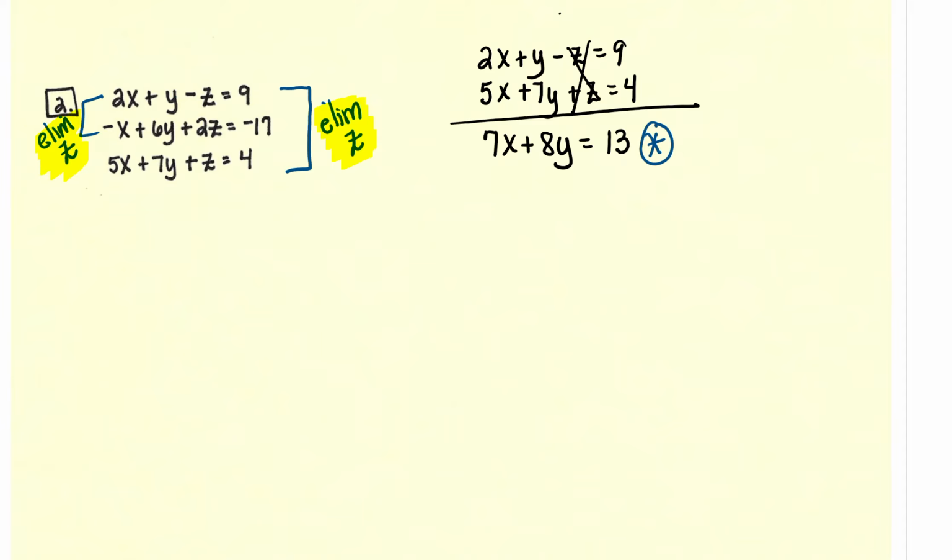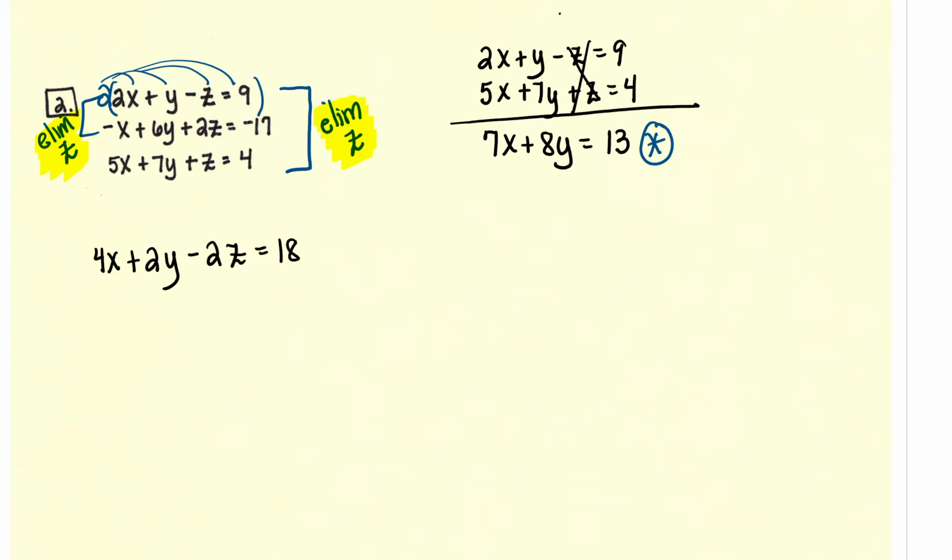I've already got the negative, so all I have to do is supply the 2, which will distribute through to everybody. So as I do that, that'll be 2 times 2 is 4x, 2 times y is 2y, 2 times negative z is negative 2z, and 2 times 9 is 18.